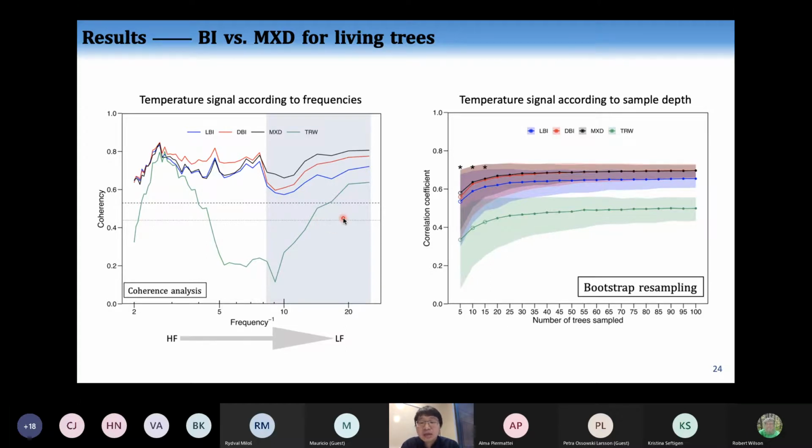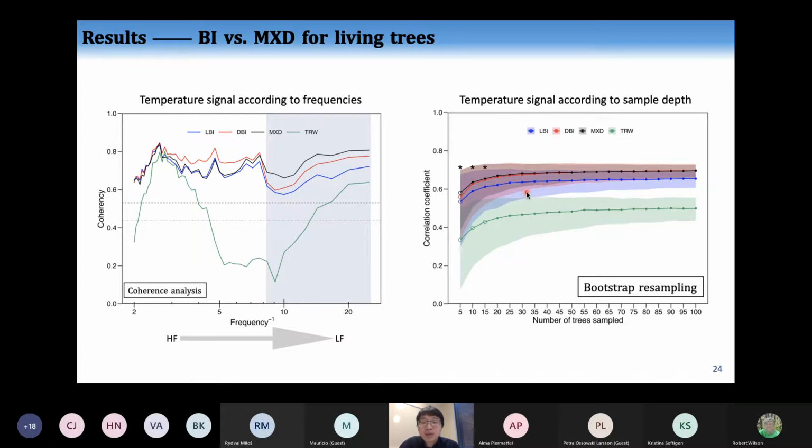Then I investigated the dependence of climate sensitivity of the 4 parameters on the sample depth. We found that delta blue intensity and X-ray density are very similar, whereas the latewood blue intensity showed consistently lower temperature sensitivity according to the sample depth.